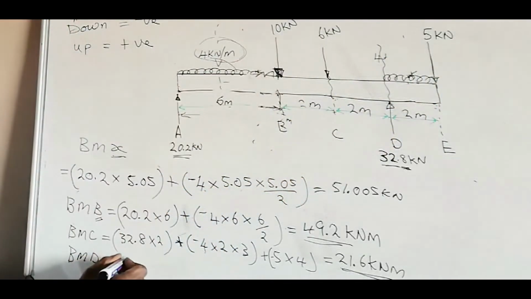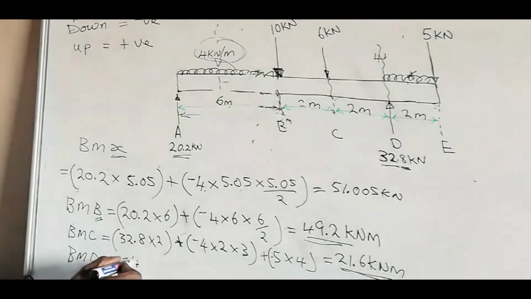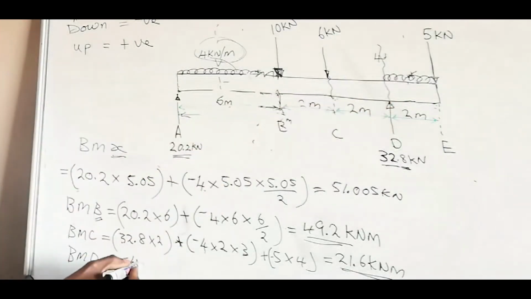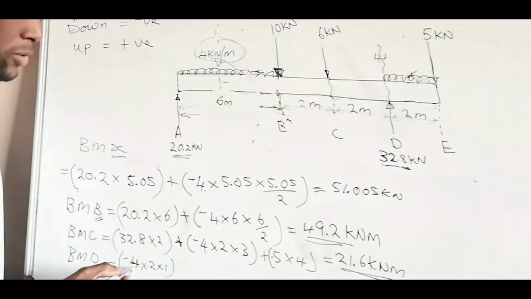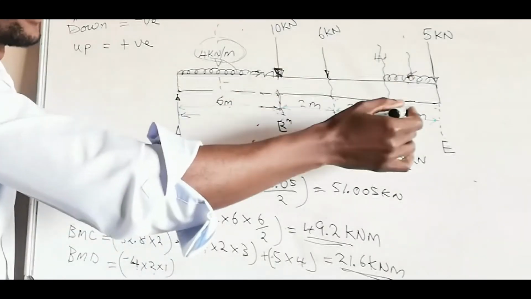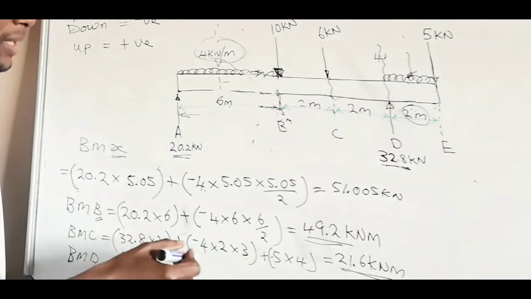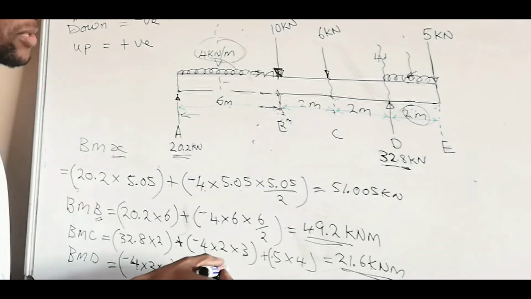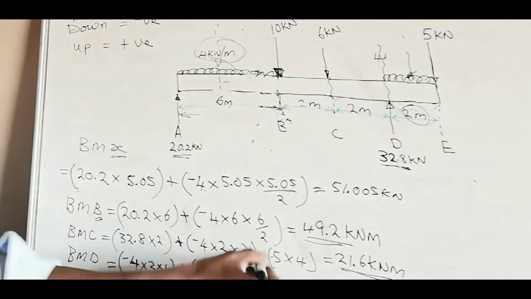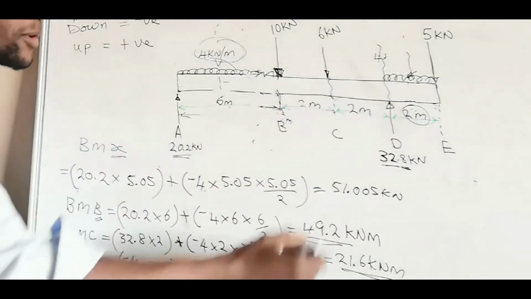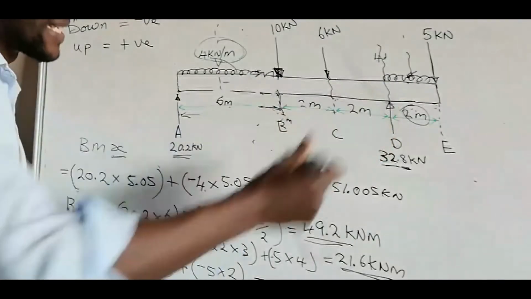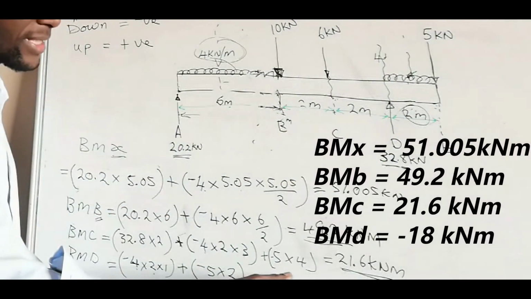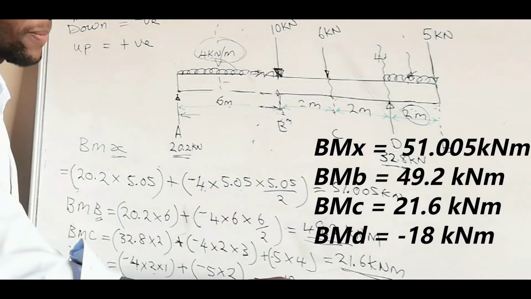So what we have is a negative 4 times 2, then we multiply by 1, because our 2 times 4 should be applied at half of this point, which is a 1. Alright, then we add to our negative 5 times 2. Alright, then our answer for the bending moment at point D will be a negative 18 kilonewton meters.